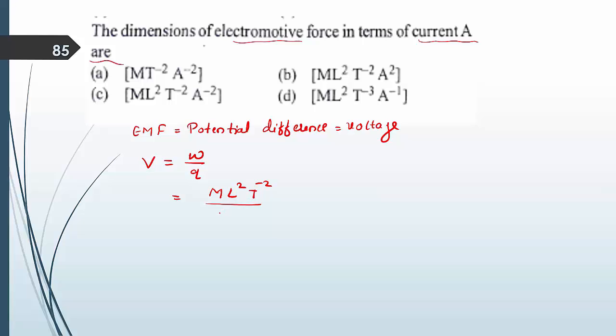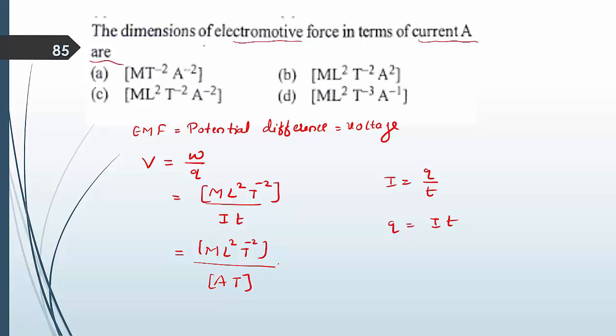In place of Q, we have the equation I equal to Q by T, so Q equal to I into T. We can write Q as I into T. I indicates the current, having dimension A. So m L square T raised to minus 2 divided by A into T. We will get the final answer as m L square T raised to minus 3 A raised to minus 1.